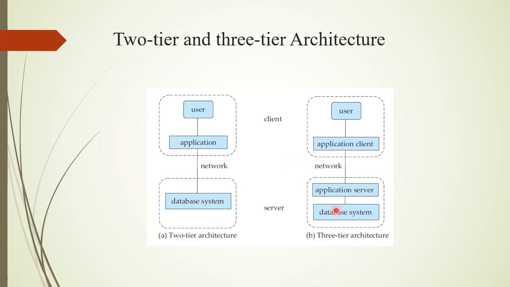Whereas in the three-tier architecture, the user interacts with the application, then the application client interacts with the application server, which in turn interacts with the database. Now this is the two-tier and three-tier architecture.